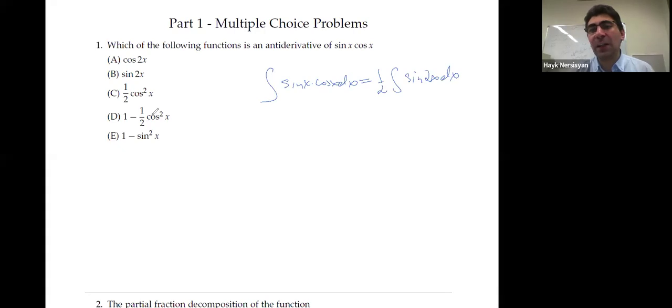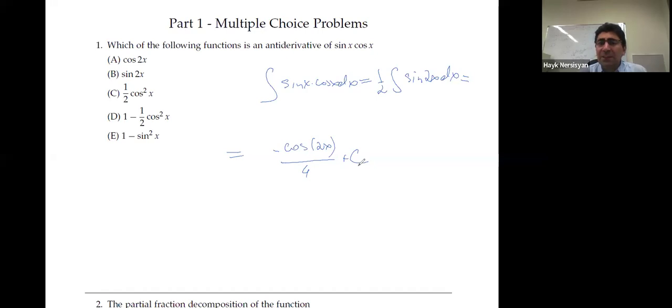Or another way of finding the antiderivative: take derivatives of all these five functions, and check which derivative gives sine x times cosine x. So if we calculate the integral of sine 2x, it gives minus cosine 2x divided by 4, plus a constant.